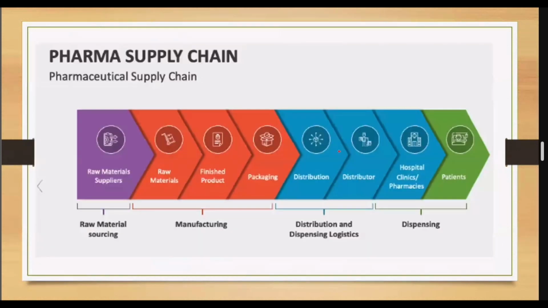Another diagram, from the literature: raw material suppliers, raw materials are supplied, and finished goods manufactured, then packaging, then distribution, then distributor, then clinics and pharmacies and patients. This is another way of showing a linear flow of the supply chain.